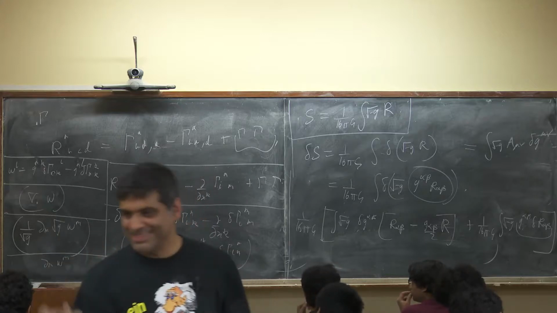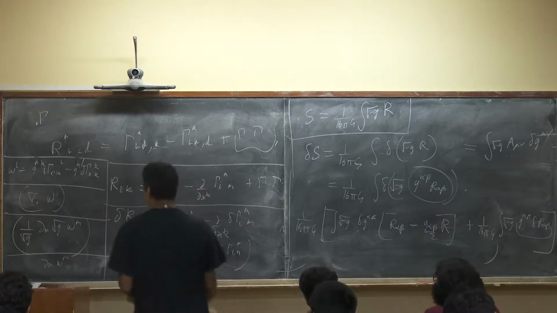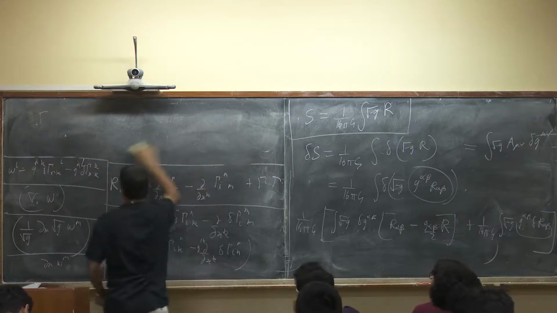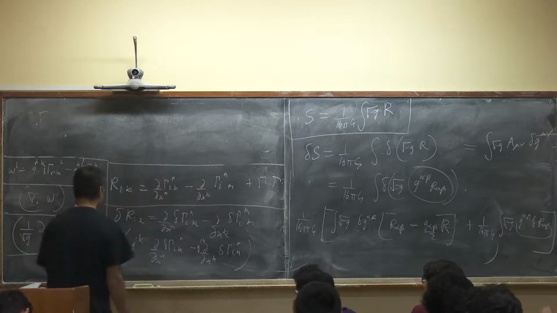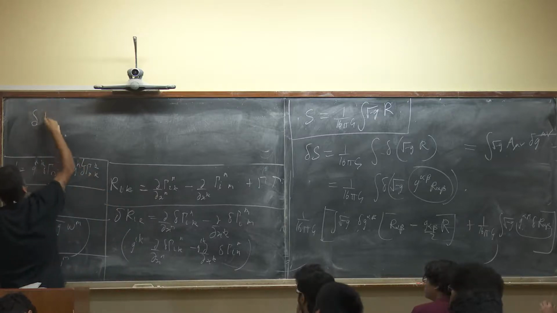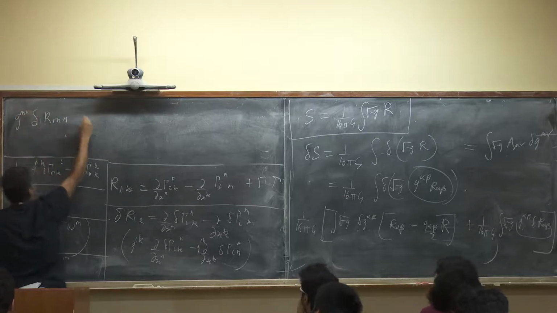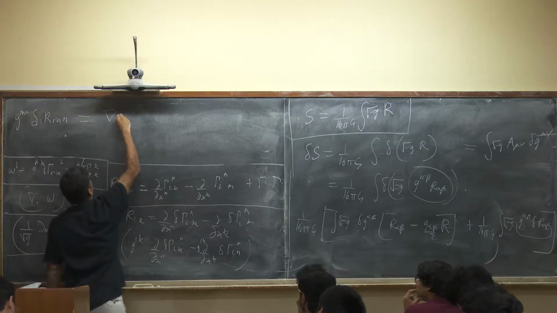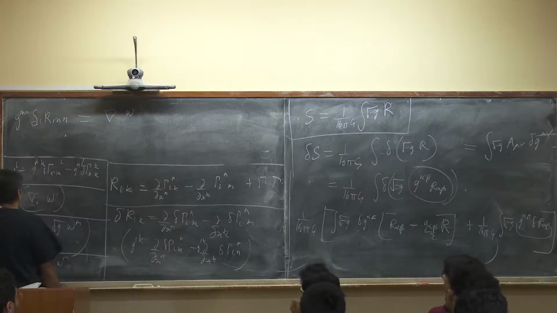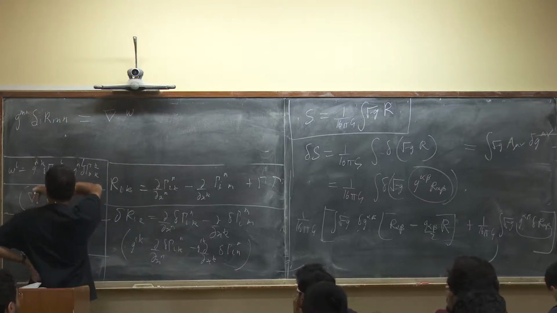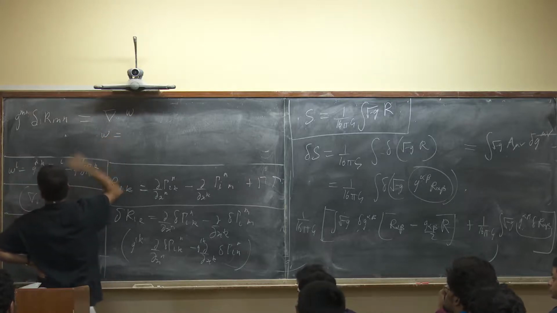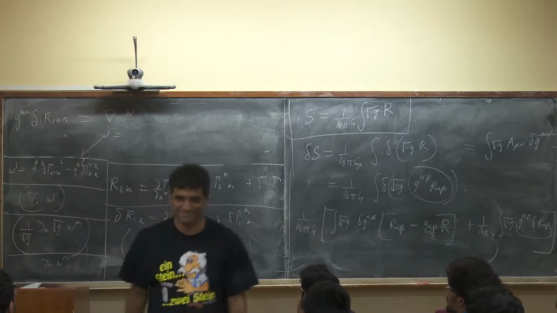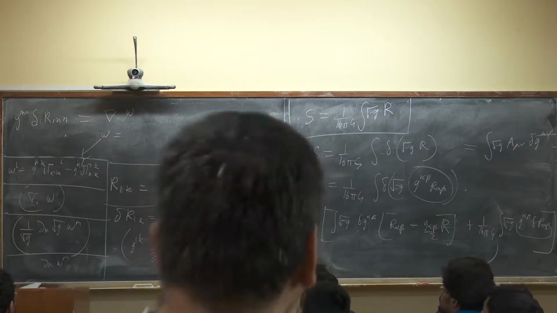But since delta gamma is a tensor, the statement that delta R_{mn} g^{mn} is equal to del dot W, where W is this object here, is true in any coordinate system, because the delta gammas are tensors.